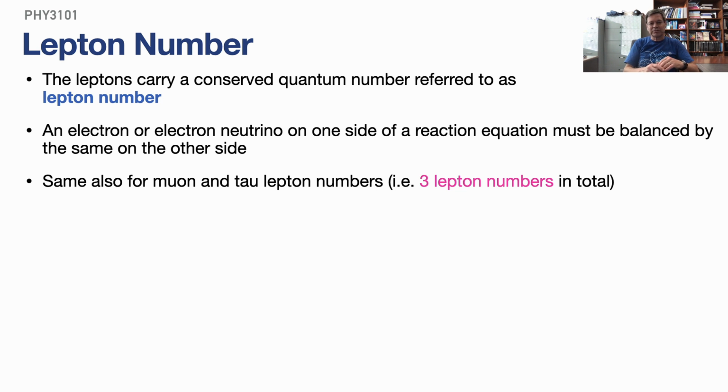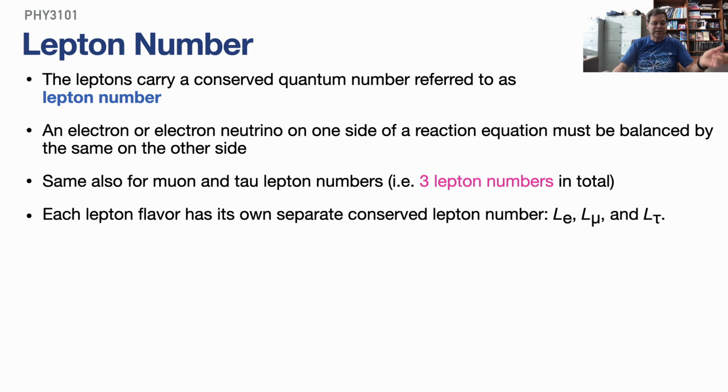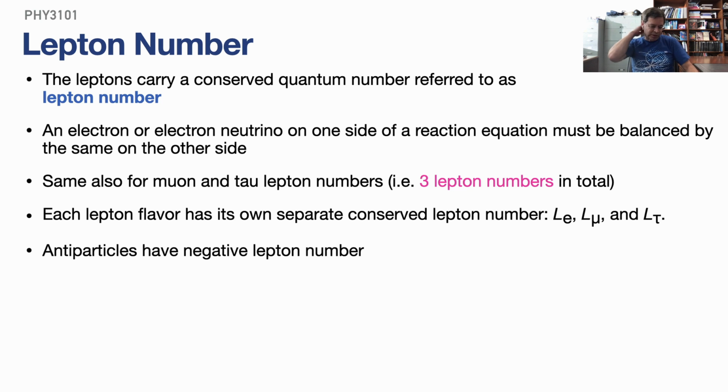There are three lepton numbers in total: an electron lepton number, a muon lepton number, and a tau lepton number. Each lepton flavor has its own separately conserved lepton number, Le, L mu, and L tau. Just like for baryon number, antiparticles have negative lepton number. So an anti-electron would have the opposite lepton number of the electron itself.